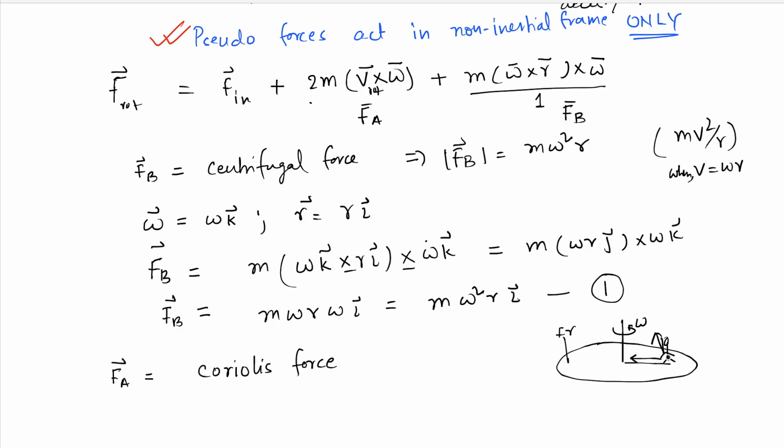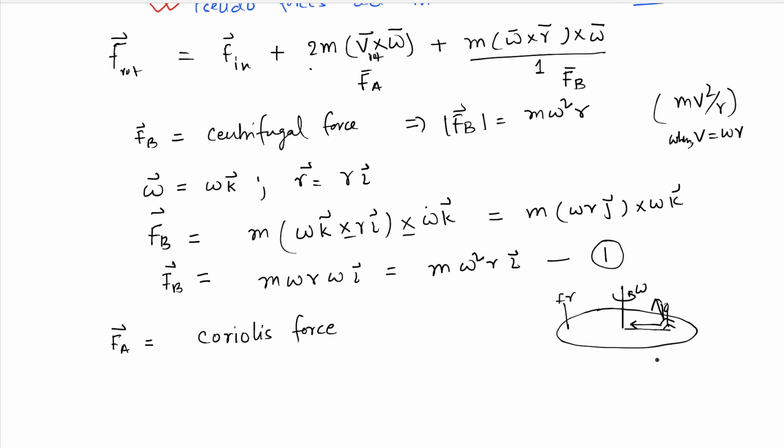Otherwise, you will just slip off the disk. Okay, this force is Coriolis force. So when there is a relative movement in a radial direction on a rotating frame, and I am watching this motion from the non-inertial frame, then this Coriolis force will act.